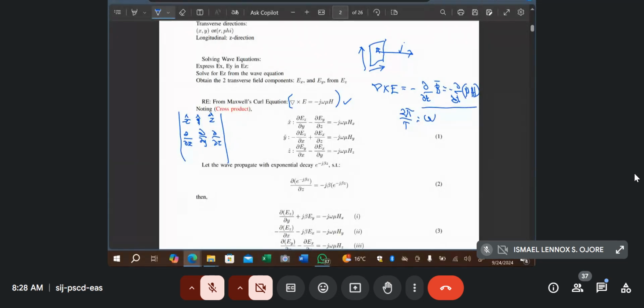Then we have Ex, Ey, Ez. So we want to determine this.